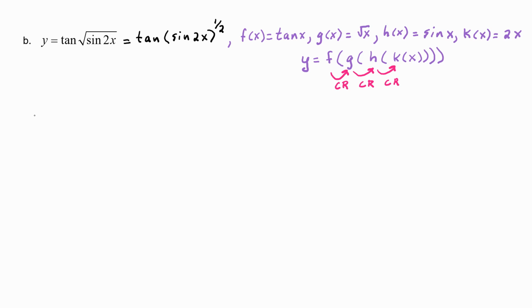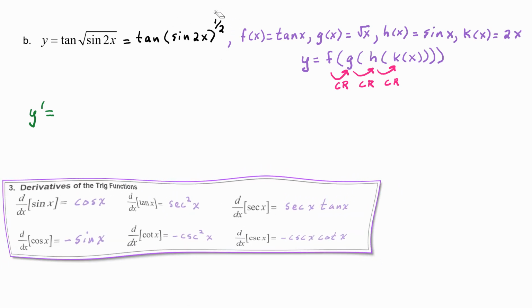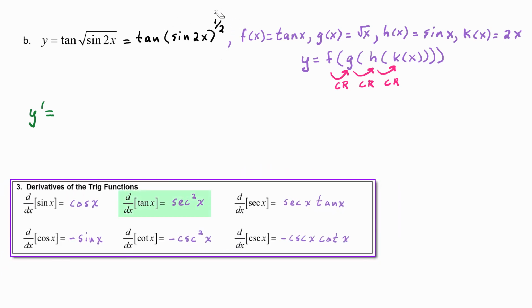We will have y prime then is going to equal, remember the outer function we said is tangent, so we have tangent of some stuff, and the derivative of tangent of some stuff will be secant squared of that stuff. I'm going to go ahead and write it as radical sine 2x.